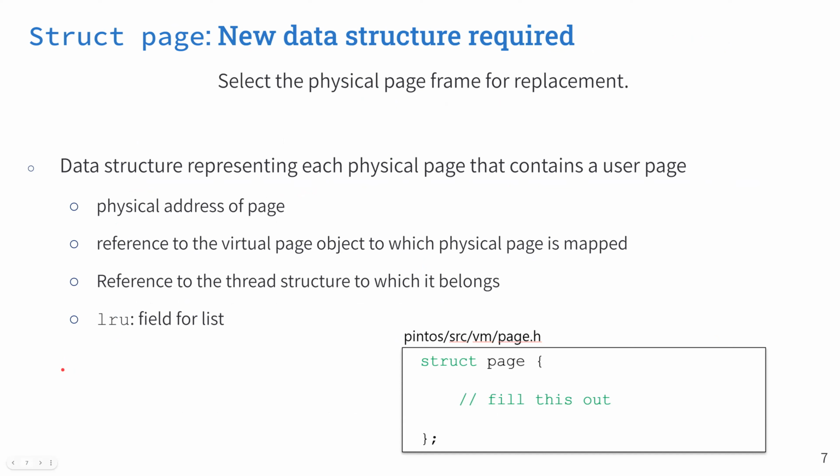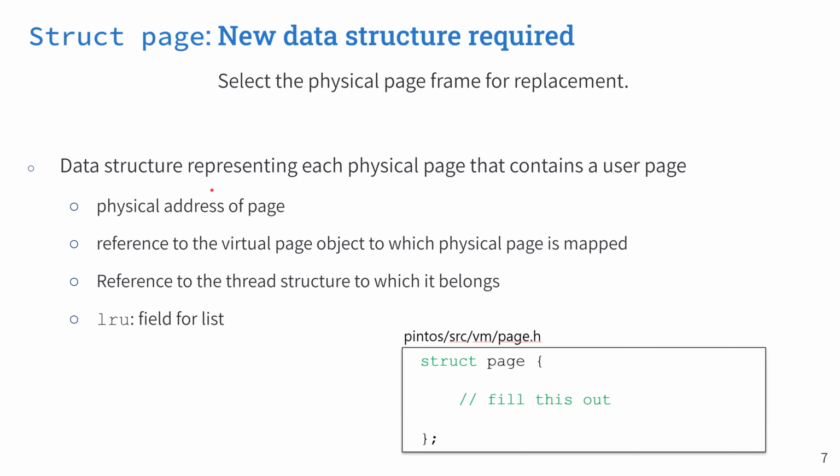And the struct page, this is an important data structure you should implement in Pintos. Think about when you are running out of physical memory space, and you should select a victim for replacement. You should select which page to kick out to the disk. For that, this data structure is needed.